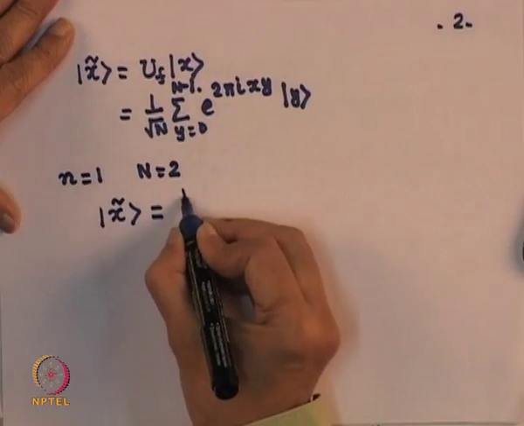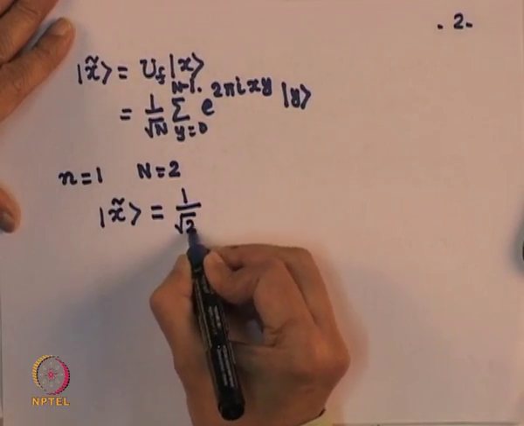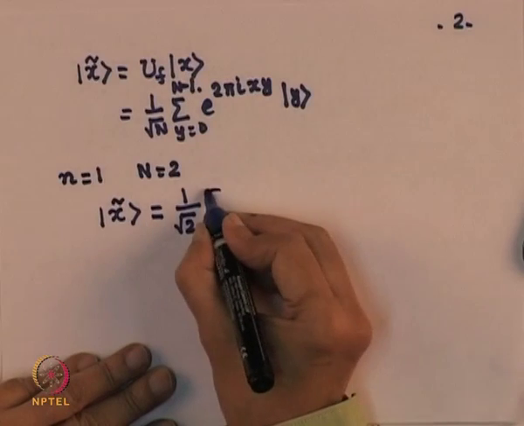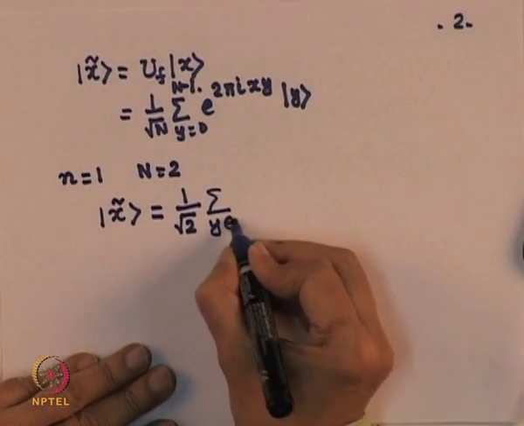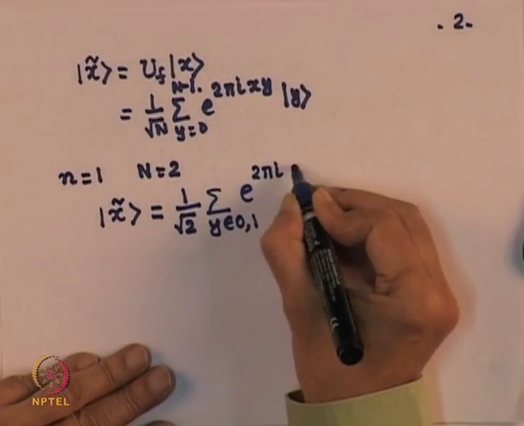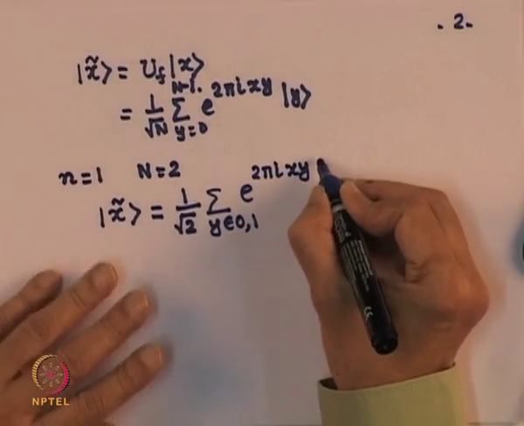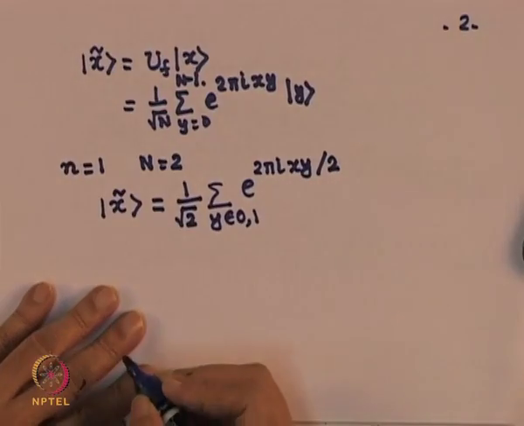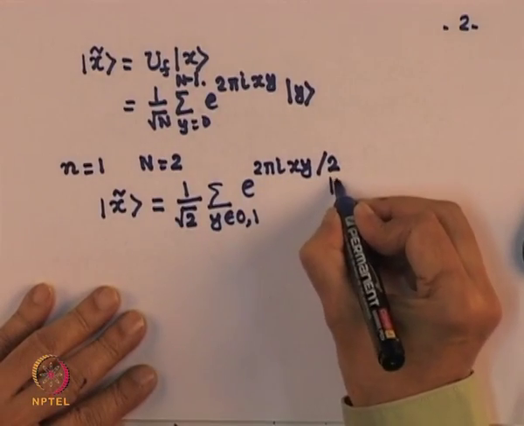So, |x tilde> is 1 over square root of 2, sum over y equal to 0 to 1, e to the power 2 pi i xy divided by 2 of |y>.